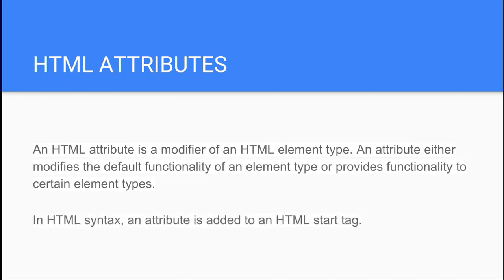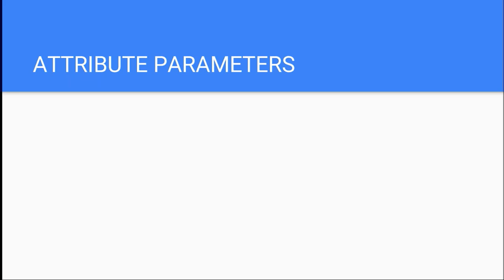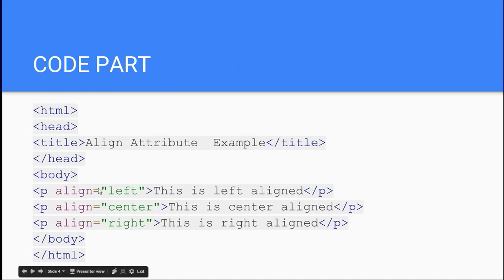Let us see. In HTML syntax, an attribute is added to the HTML starting tag. Let us see what it is. In this example, you can clearly see what an HTML attribute is. We are assigning the HTML attribute in the starting part of a tag.